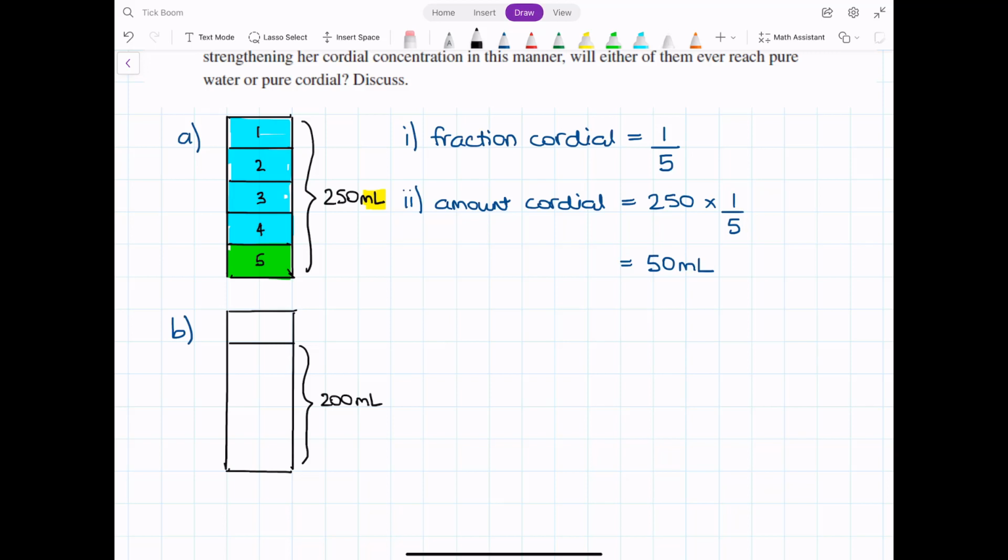And within that 200 mils, we've got the mixture of 1 part cordial to 4 parts water.